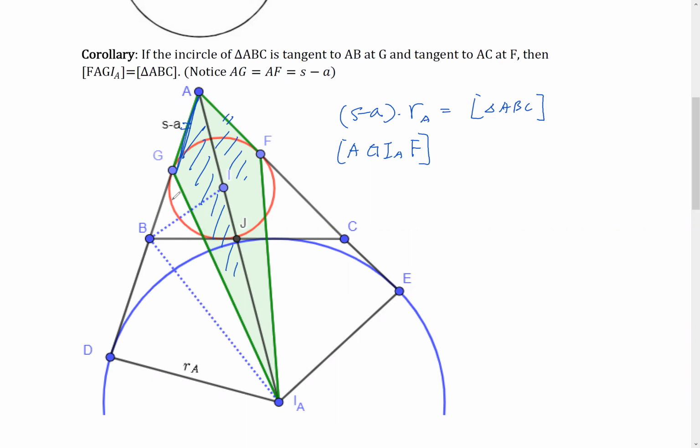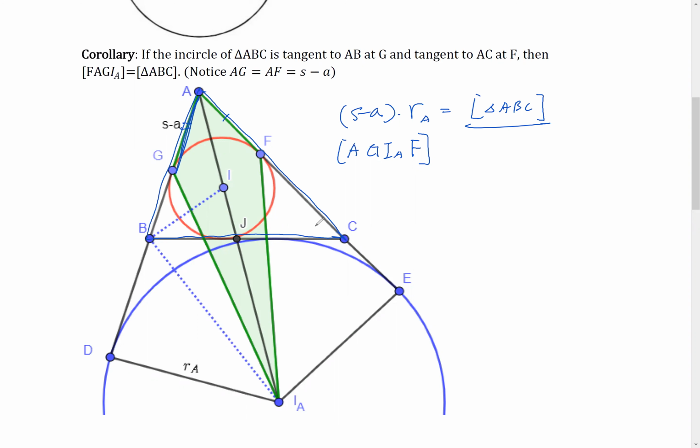The area of this green quadrilateral is (s - a) times ra. That equals the area of triangle ABC. So it's saying that this green quadrilateral's area is the same as the triangle ABC. It looks interesting and suspicious.